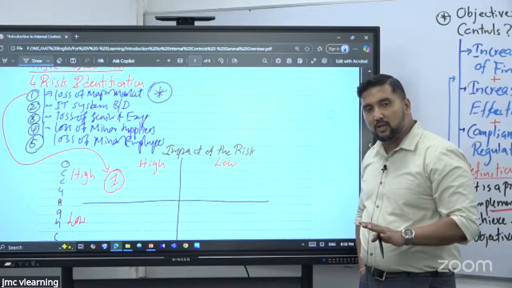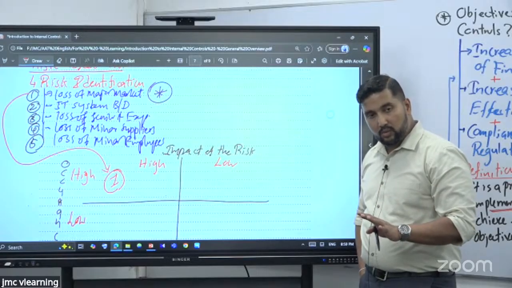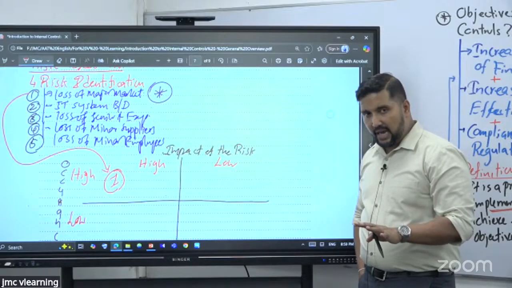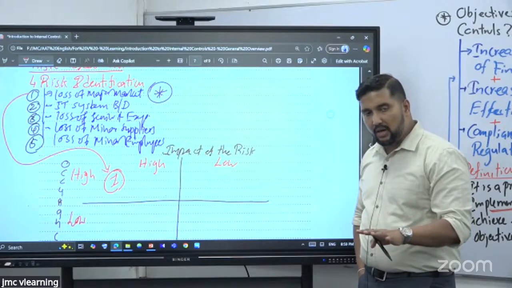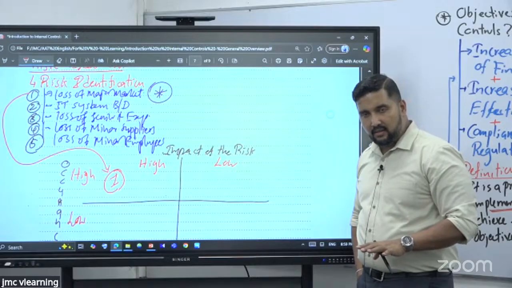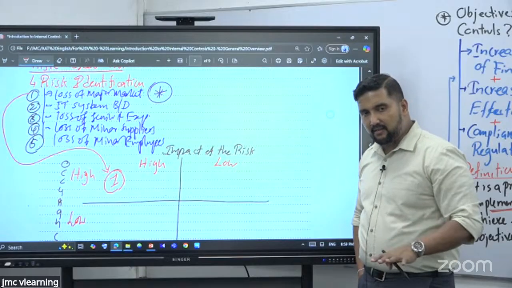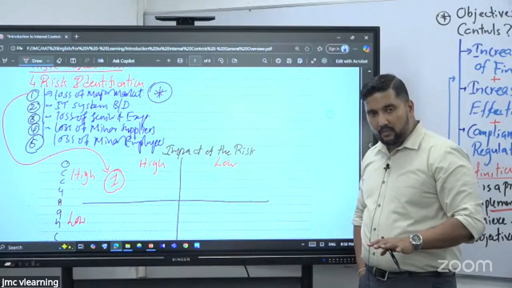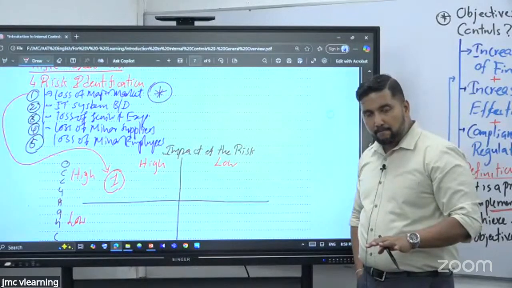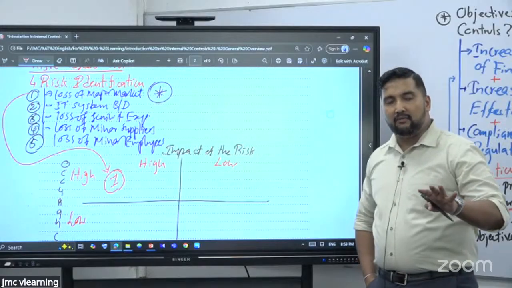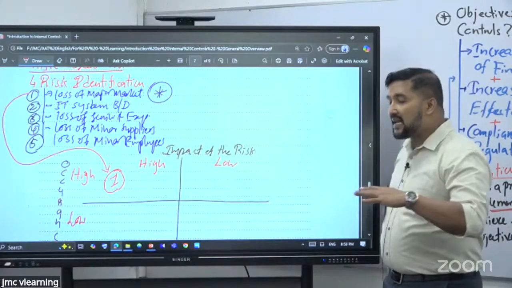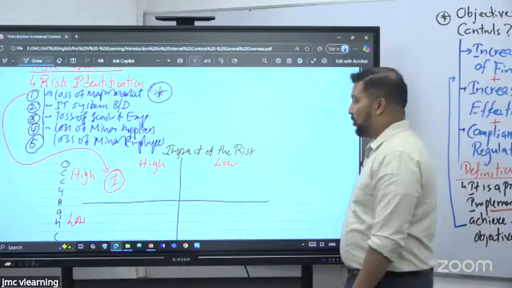Why are you saying it's low? Because the IT system doesn't break down every day. Not because of that. Agreed, occurrence is low, but not because of that reason. The question itself says the reason. What is that? The supplier already provided a warranty period of how many years? 2 years. As a result of that, your occurrence is low.